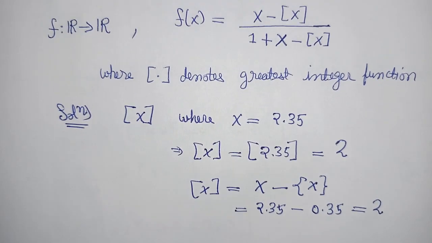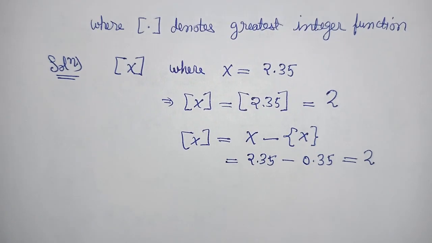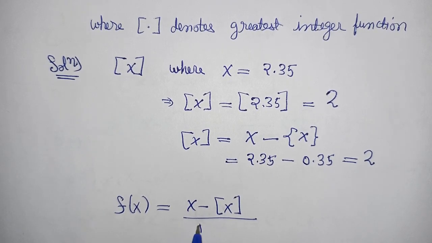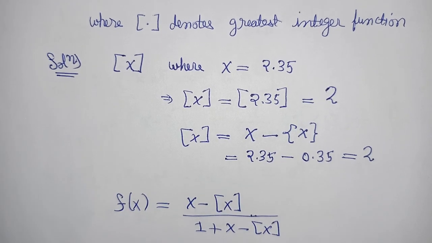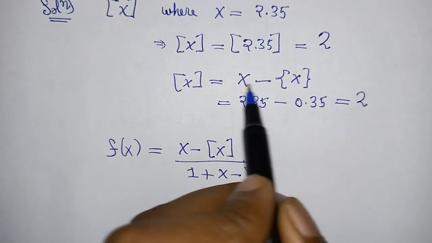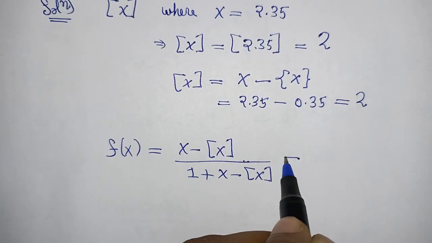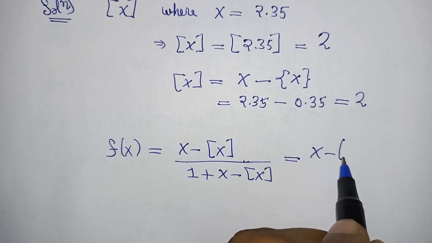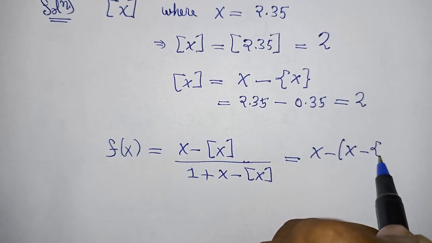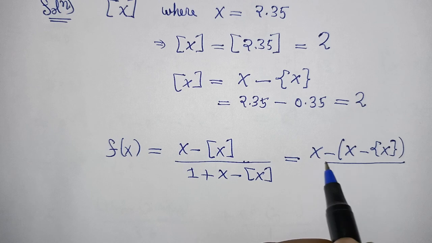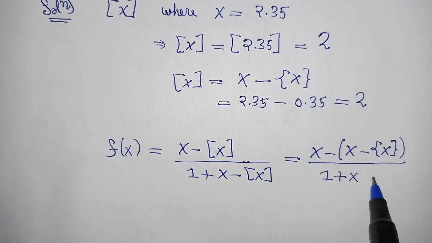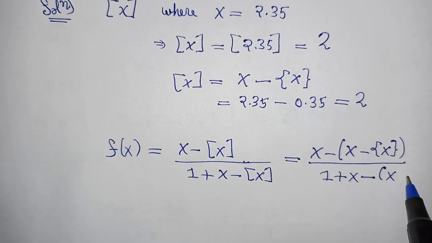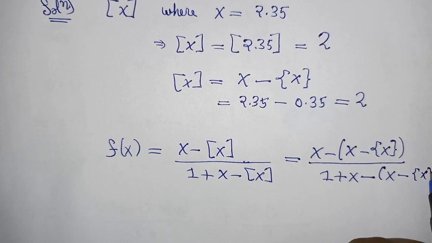So now back to the question. Here we have f(x) = (x − [x]) / (1 + x − [x]). When you apply this relation, this will be equal to (x − (x − {x})) / (1 + x − (x − {x})).